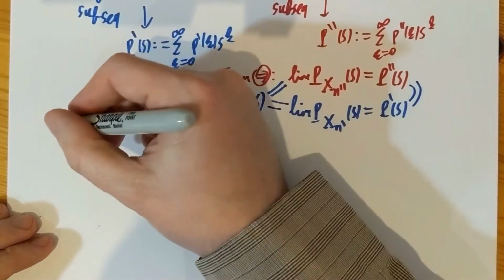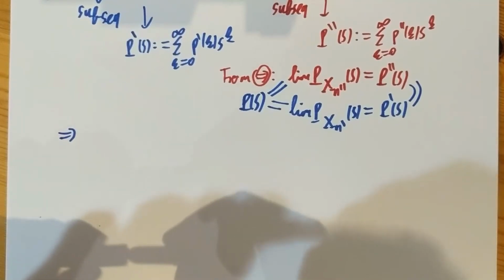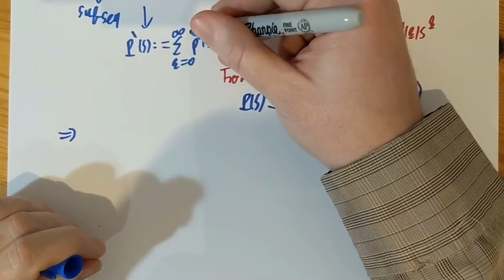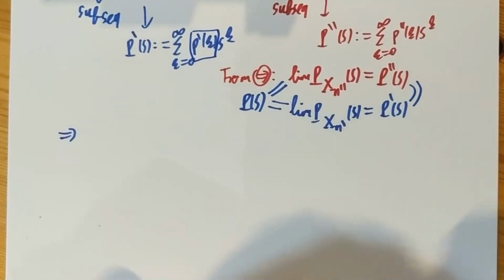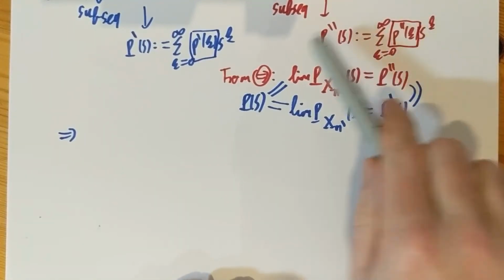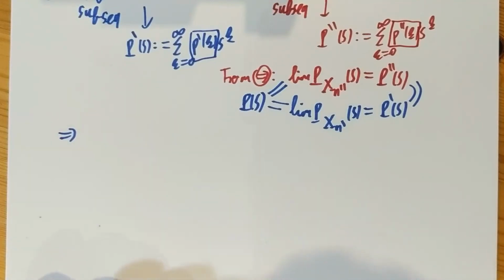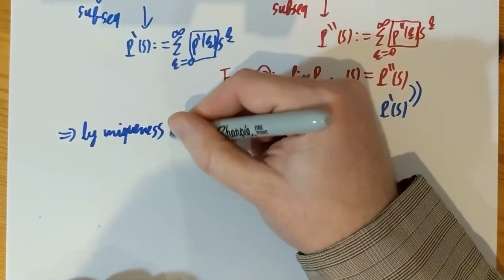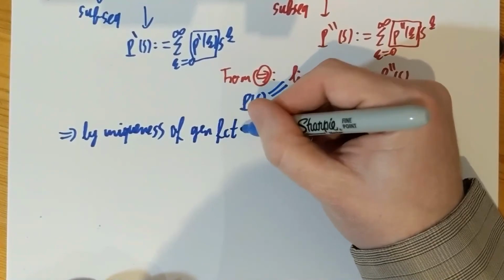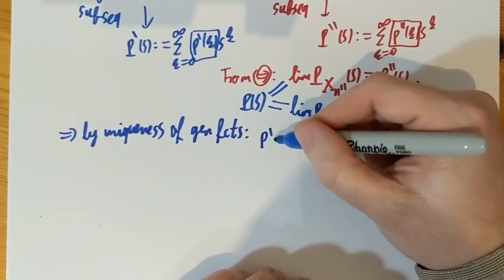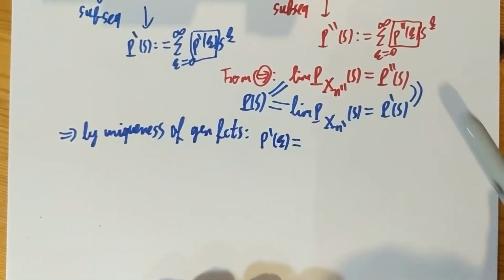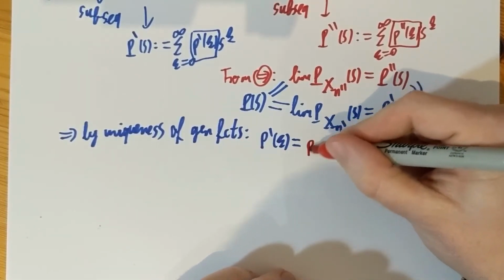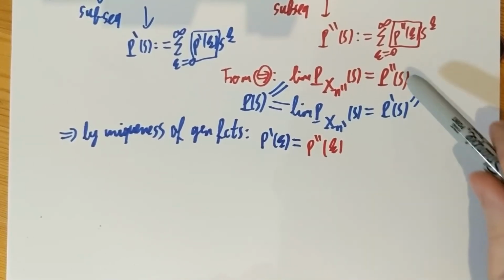And it follows from here that if the generating functions p prime and p double prime agree, then by uniqueness of the generating functions, we conclude that p prime of k, which this thing is made of, must be equal to p double prime of k, which that thing is made of.